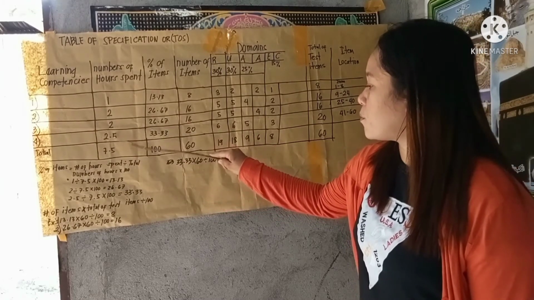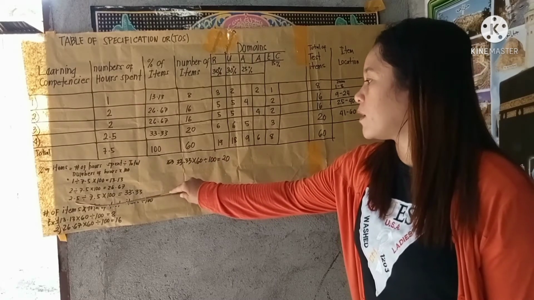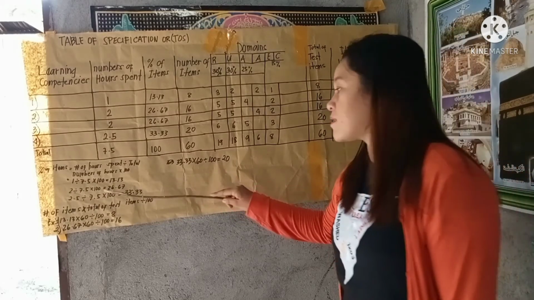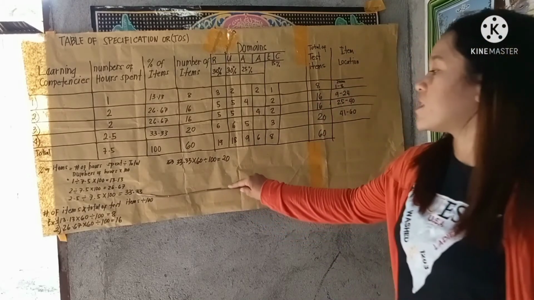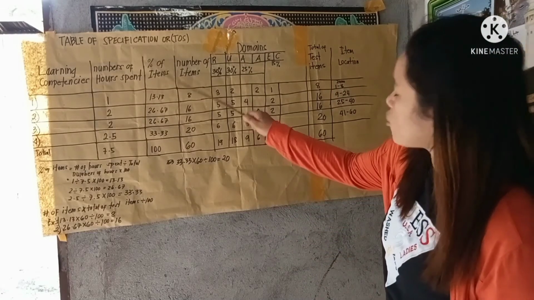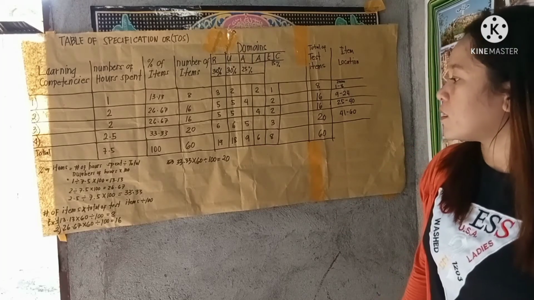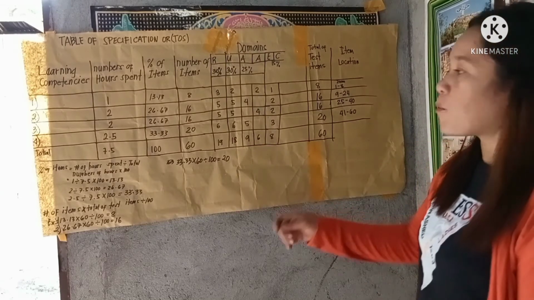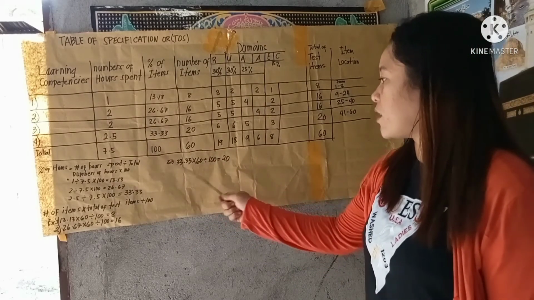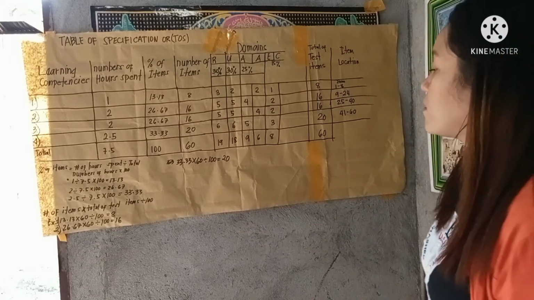Here I put 2.5 divided by 7.5 times 100 equals 33.33. So, the percent of items is 33.33. The total of the percent of items is always 100.